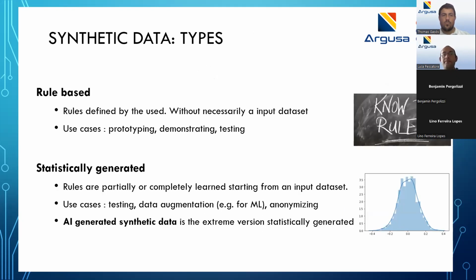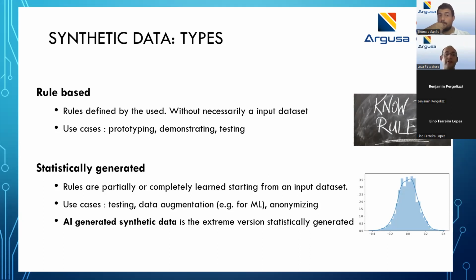So there are two main types of synthetic data. It's rule-based synthetic data, where essentially there is not necessarily data in input, but you generate your data uniquely based on rules. These rules can be, for example, give me a date in an interval, and then another date which comes after the first one. Use cases for this kind of synthetic generation could be prototyping, building demo data, and testing your applications.